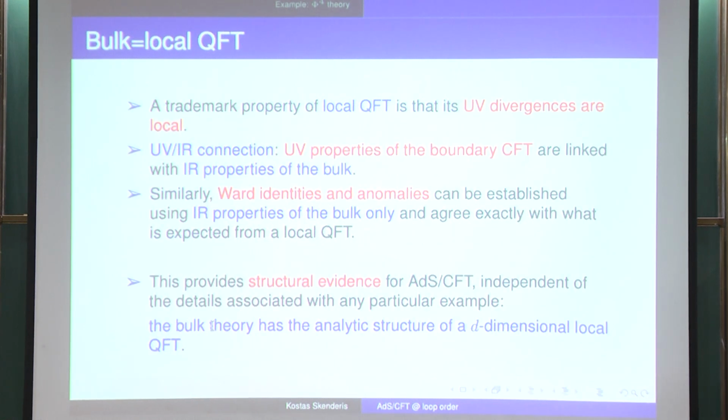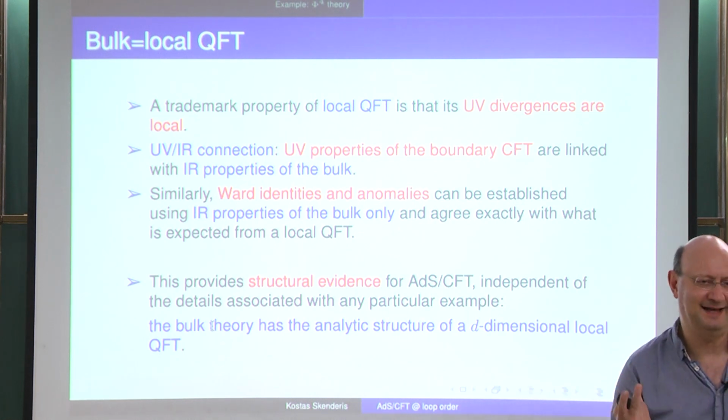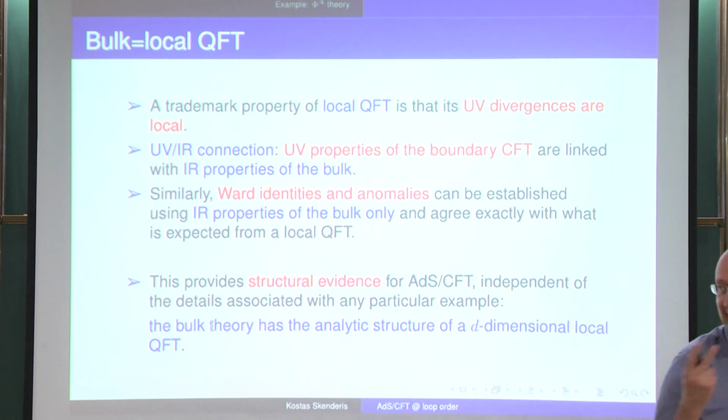So more generally, this analysis provides structural evidence for the AdS-CFT correspondence. At the very beginning, and for at least the next 10 years, sometimes even today, people, especially from outside the field, would say that AdS-CFT only holds for supersymmetric theories, that supersymmetry is crucial for the correspondence.